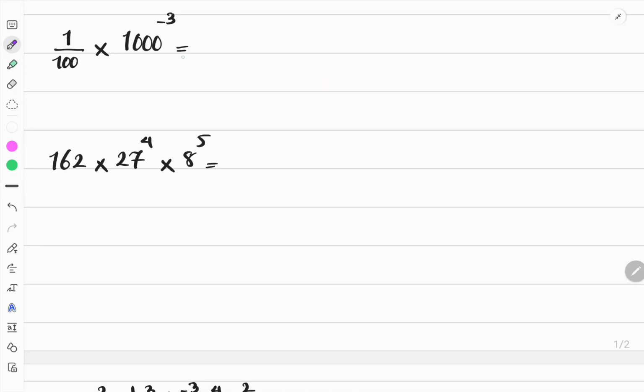Okay, 100 times 1000 raised to the power negative 3. In order to make the same bases, I'm gonna rewrite 100 as 10 to the power 2, and for this one, 1000, I can write 10 cubed raised to negative 3.